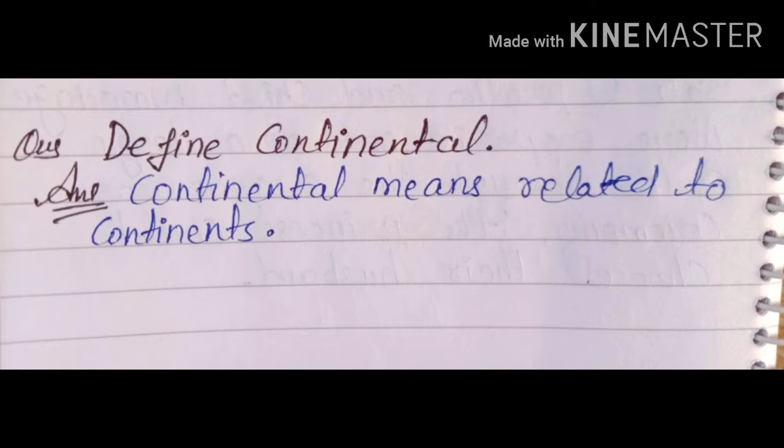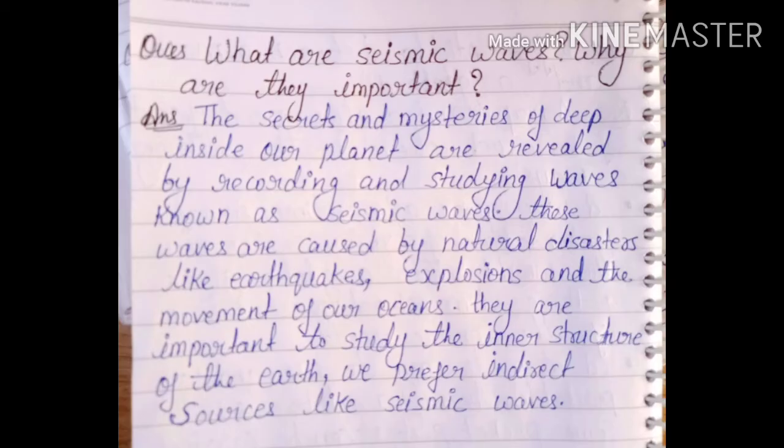Now, the last homework question was what are seismic waves? Why are they important? Hope you get the answer because we discussed this topic in our last class. And the answer is seismic waves: the secrets and mysteries of deep inside our planet are revealed by recording and studying waves known as seismic waves.